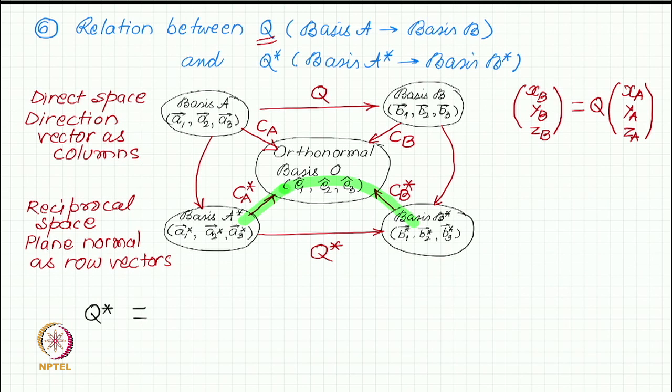It is multiplying by C A star. And what will take us from orthonormal to B star? Yeah, C B star inverse. I am happy all of you are with me, C B star inverse. So, the product of these two matrices should be the same as Q star, because the end results are the same.